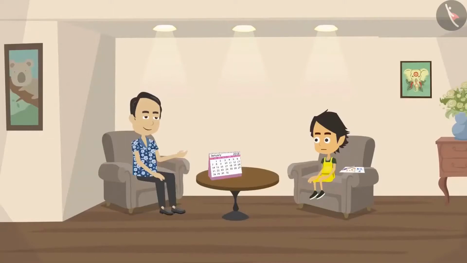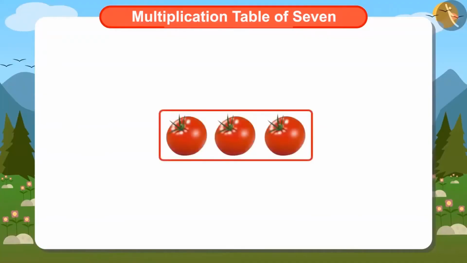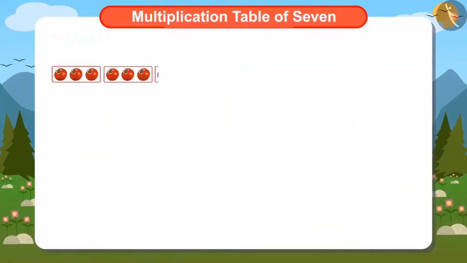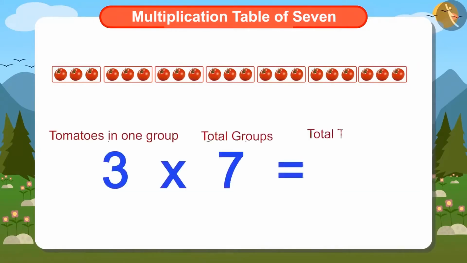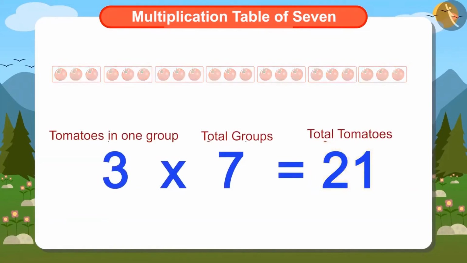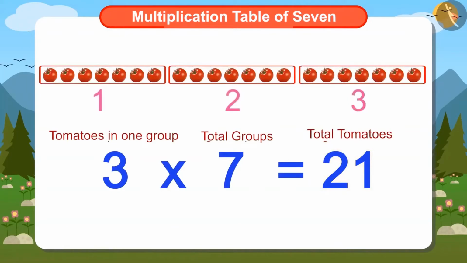Papa explained to Ayushman that if he makes 7 groups of 3 tomatoes each, then to find the total number of tomatoes, he can multiply 3 by 7 and find that there are 21 tomatoes. If we put these 21 tomatoes in 3 equal groups, then there will be 7 tomatoes in each group.